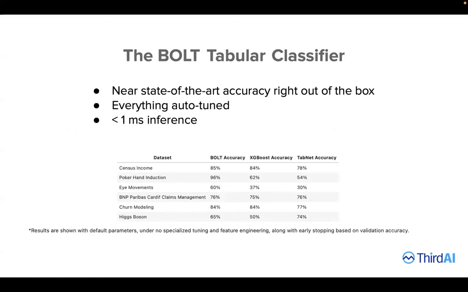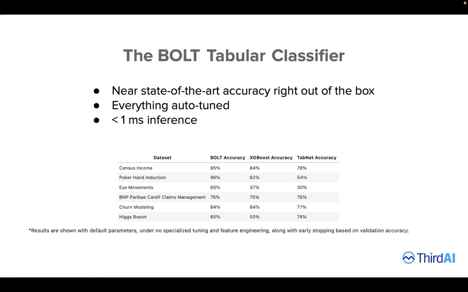You'll see some of these results here that we've benchmarked on several tabular classification data sets where we match or beat XGBoost and TabNet out of the box. And so the advantage is that it's much easier to train, and you get similar performance, if not better than these other models.